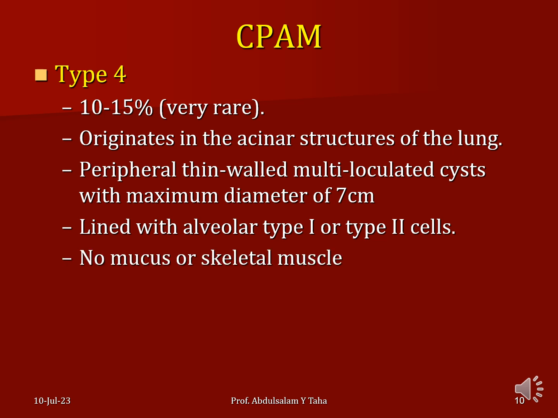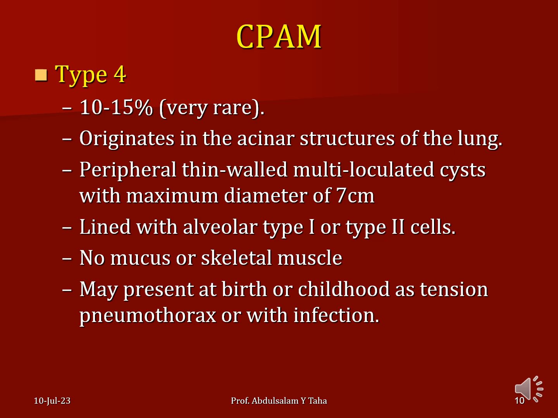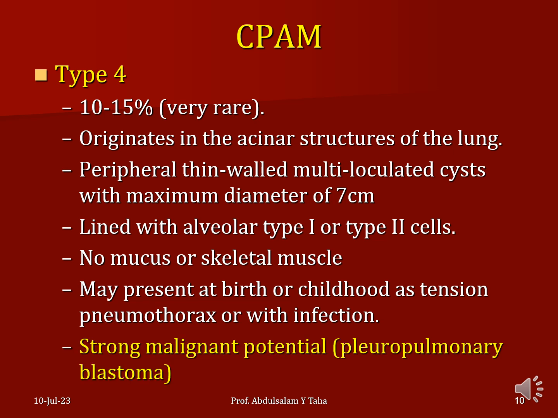No mucus or skeletal muscles are present. It may present at birth or in childhood as tension pneumothorax or with infection. There is a strong malignant potential and risk of pleuropulmonary blastoma.